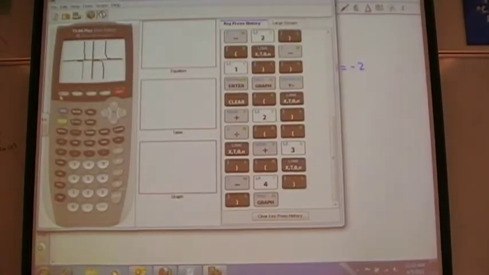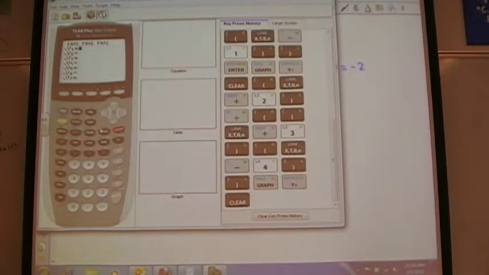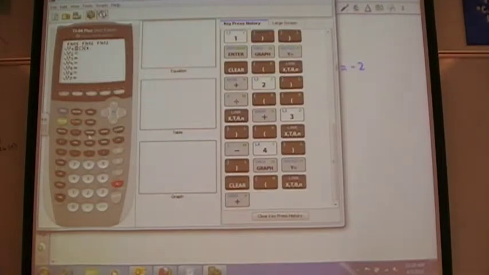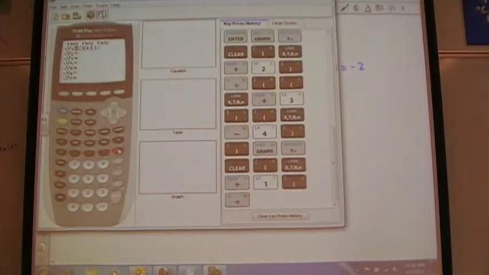So you go to y equals. Let's clear this. Parentheses, x plus 1. Close. Divided by. Open, open. You have to open two sets here because we're dividing the whole thing by those two in the bottom.